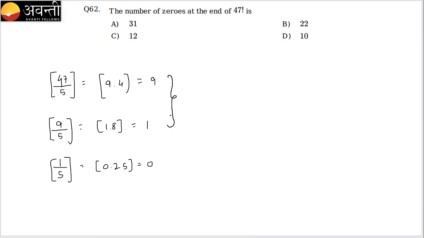My answer is the addition of these, that is 9 plus 1, which equals 10. So for the number of zeros, what do we do? We divide by 5 and keep dividing until the step value is 0, and add the answers. So option D is my correct answer.